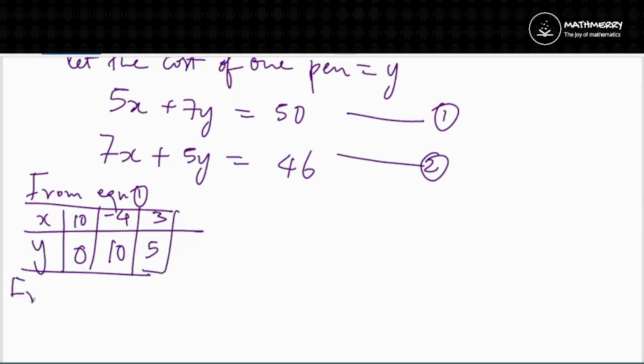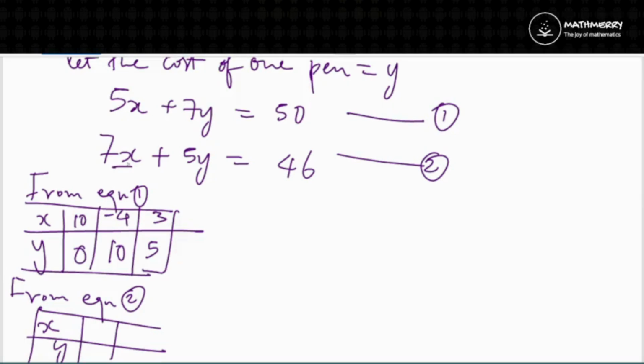Now from equation 2, we have x and y. First we can take x is equal to 8. When we take x is equal to 8, what will come as y? 7 into 8 is 56.